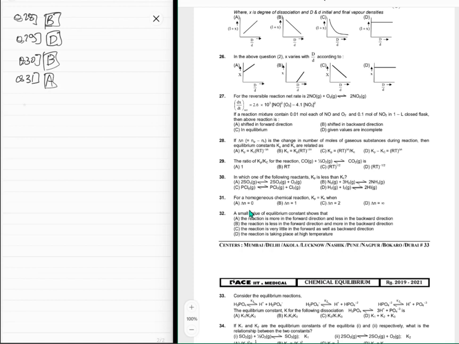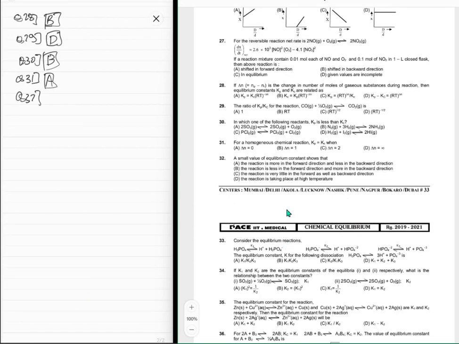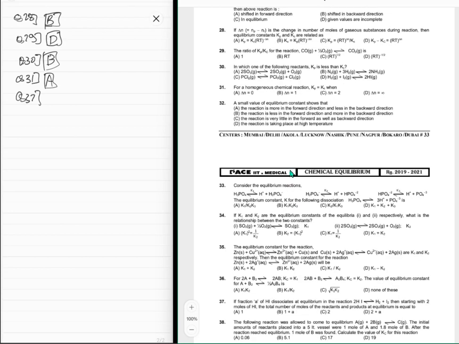Question number 32. A small value of equilibrium constant shows that the reaction is more in forward and less in backward direction. No, right? The equilibrium constant being bigger just means that the concentration of the final products will be large.